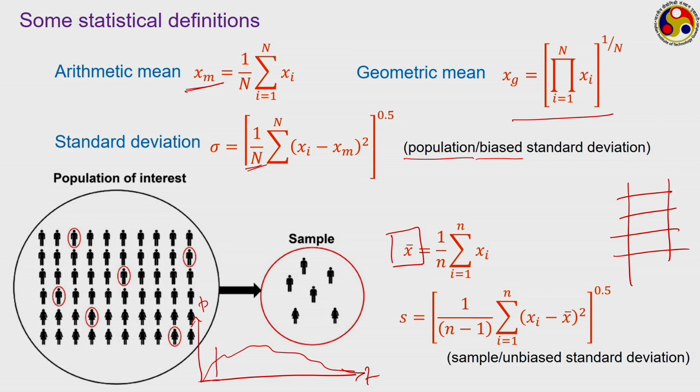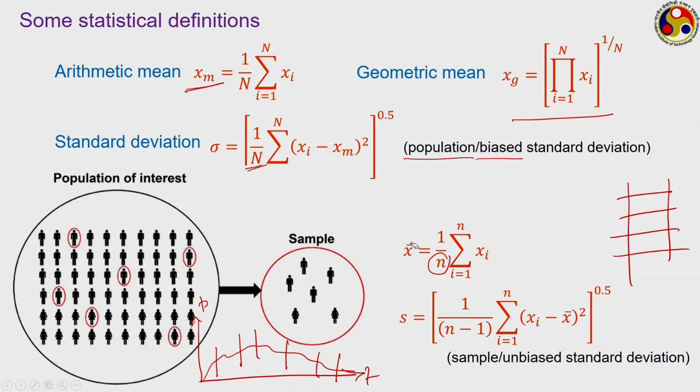If you take sample 1 here, another here, another here, then what value of x bar, or p bar in this case, the average pressure, will you get? If your choice of sample is this one and this one, then the value of x bar may be different. That means the value of x bar depends on the chosen sample and on the total number of samples, small n, that you have collected.